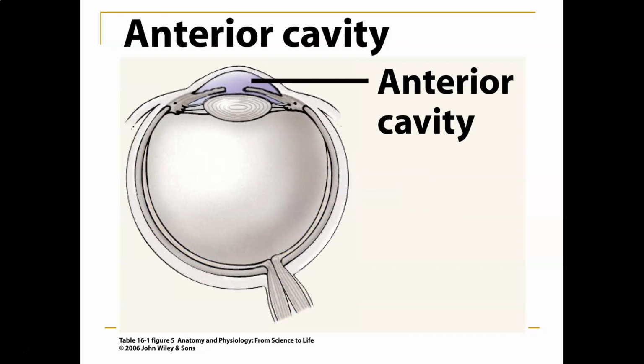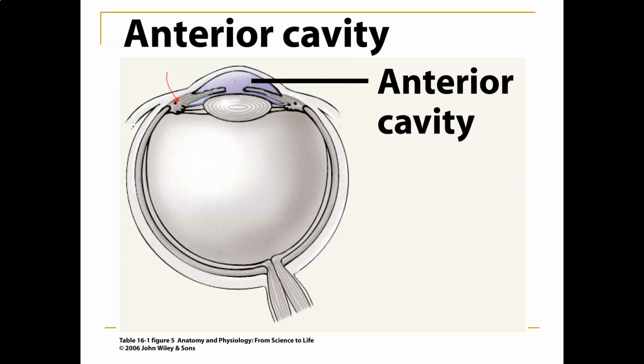Okay, and then here's the anterior cavity in purple, just so you can see a little better. Again, what's in there? Aqueous humor made by the ciliary body. You're always making it and draining it away. You see this little canal here, that's where you drain away aqueous humor.